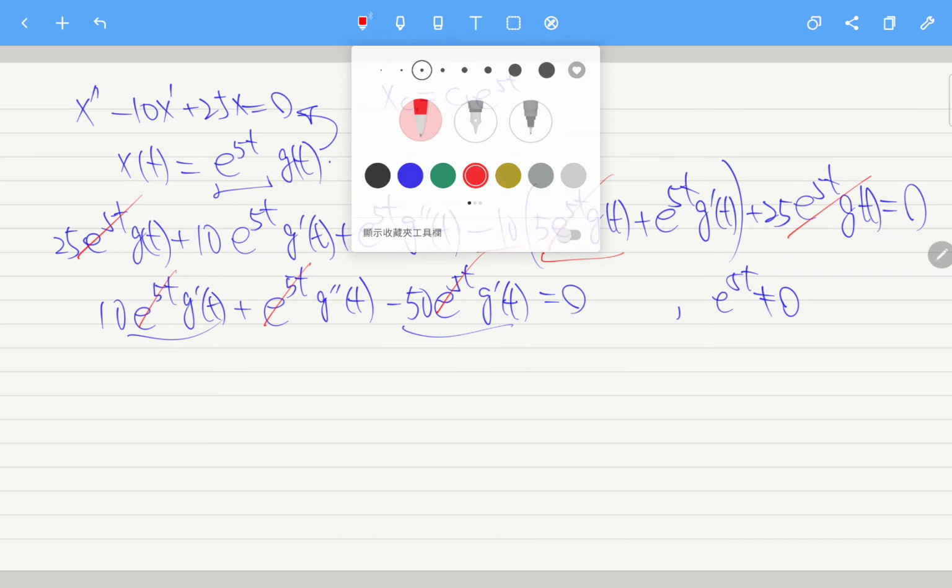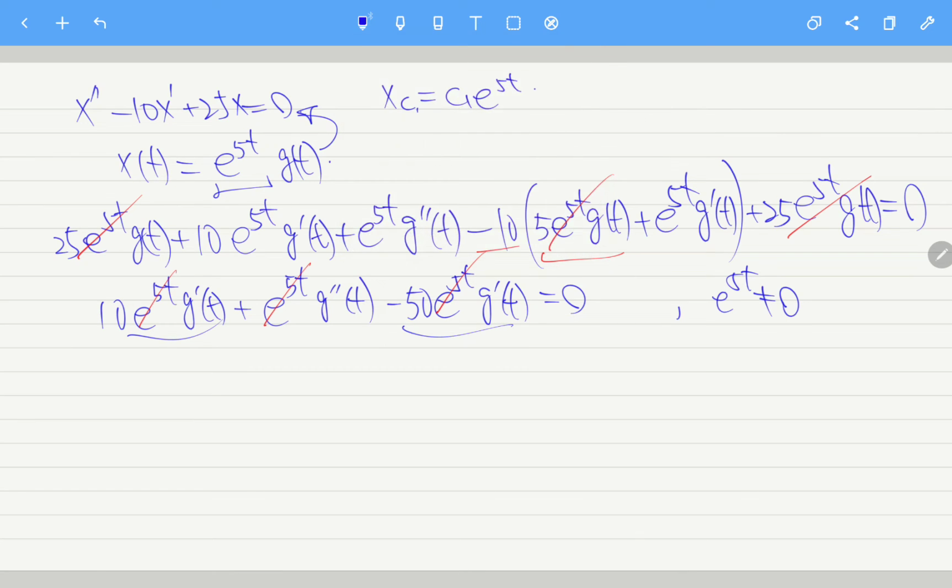Okay, so here we only have g double prime of t minus 4t g prime of t equals 0.